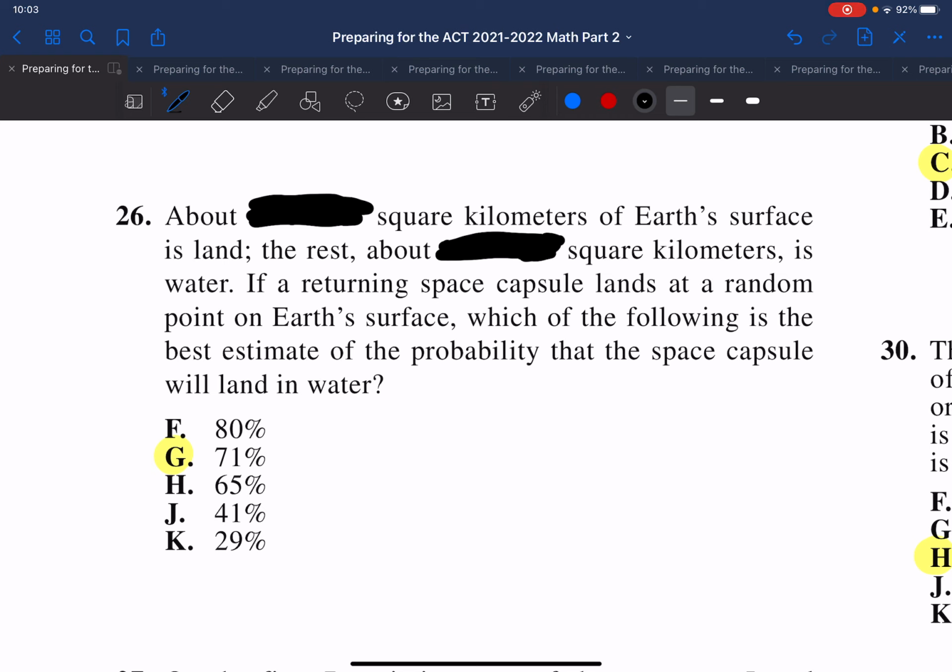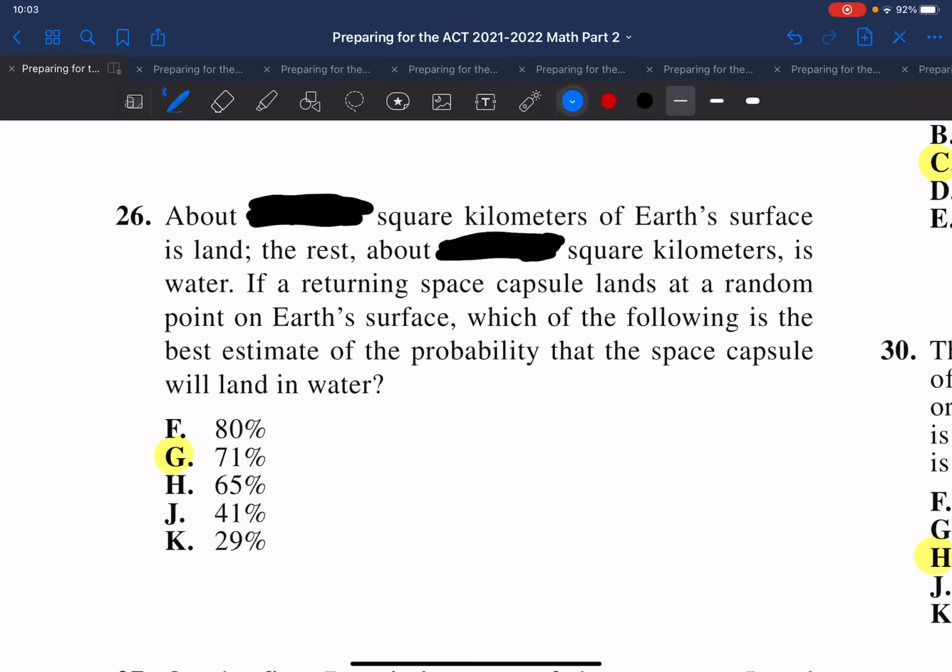So we have a certain amount of square kilometers of Earth's surface that is land. The rest is water. The problem says, if a returning space capsule lands at a random point on the Earth, which of the following is the best estimate of the probability that the space capsule will land in water?